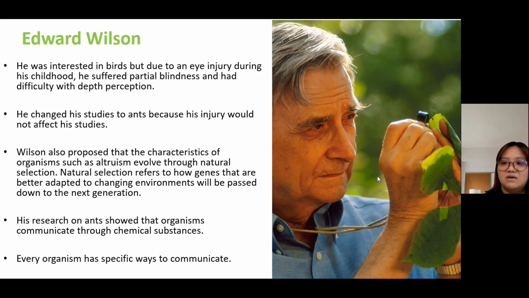We consider this scent a chemical to communicate, sending a message to other subordinate ants that I'm in danger, please don't come near this location, there's a dangerous object here. That is why the ants then escape and don't dare to come near the scene. That is how he assumed that every organism has specific ways to communicate.